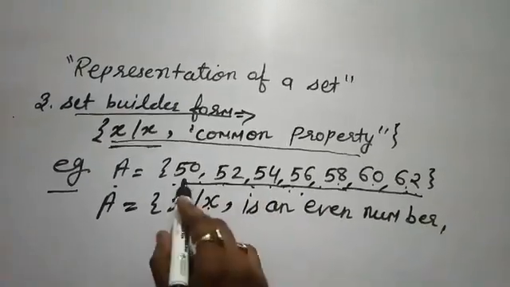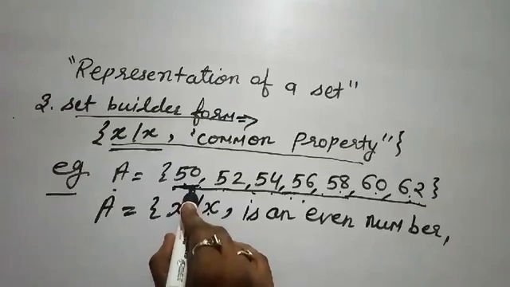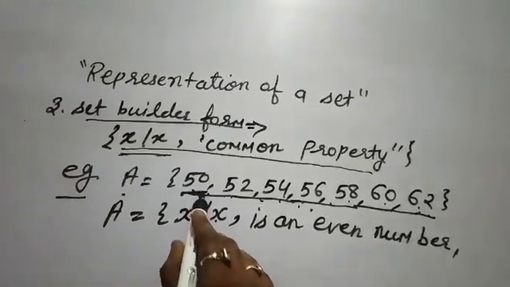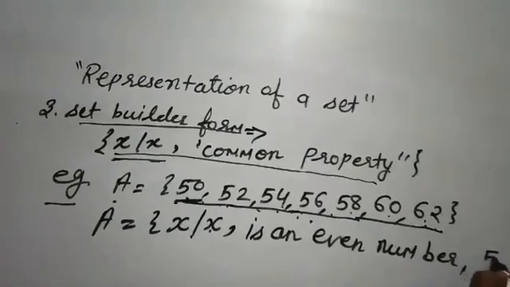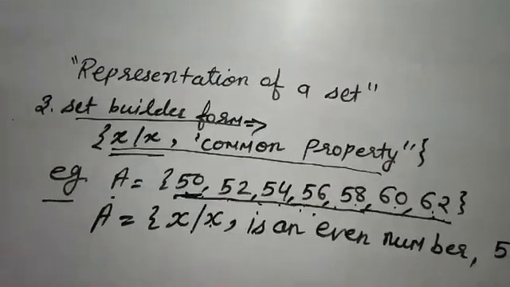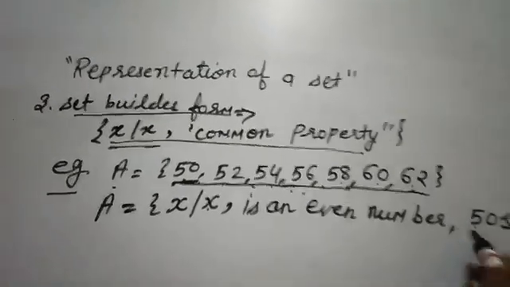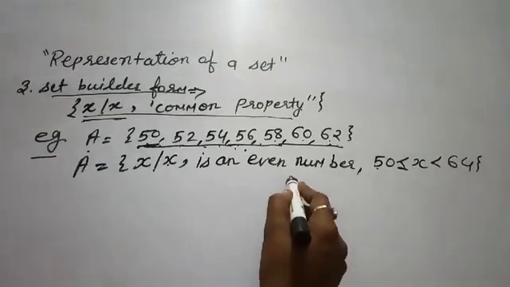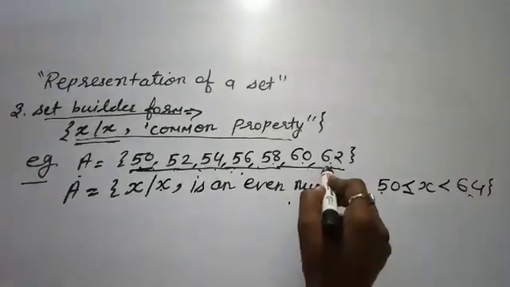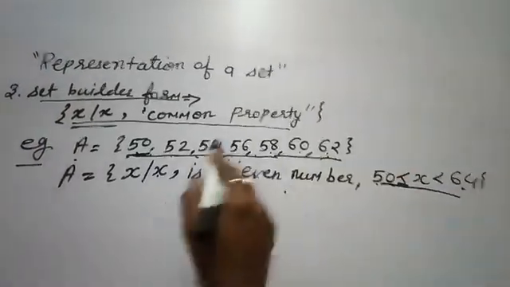When we see this, 50 is there, and it is less than or equal to x, less than 64. It means 50 is an element of this set, and the numbers less than 64, 62 is less than 64. So this is the limitation of the elements.